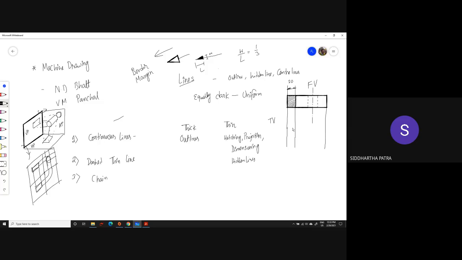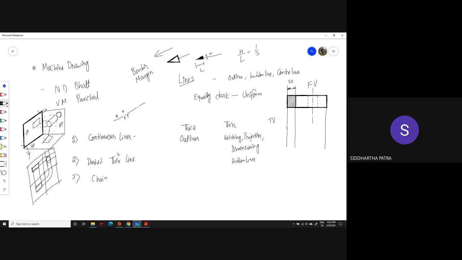Okay, and there should be a certain ratio of the size of the bigger part, the smaller part, and the gap between the smaller parts. Okay, so all of these have a certain ratio.